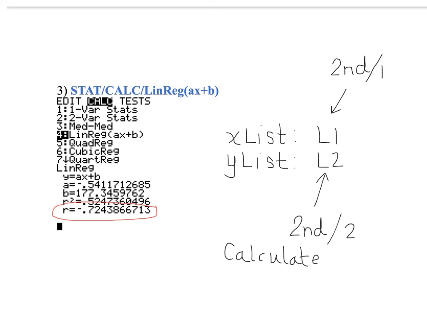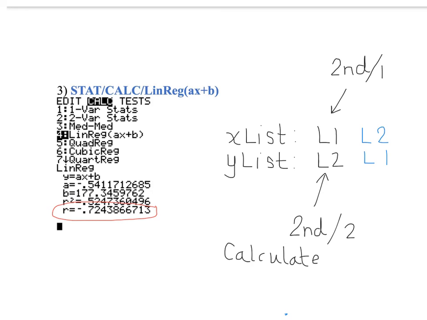Now, the other part of this question says, let's just do it in reverse. Let's do L2 for our X list and L1 for our Y list. So for those of us who don't have the operating system that specifically asks for X list and Y list, we have to do something a little bit extra to tell it that the X's are in L2 and that the Y's are in L1.